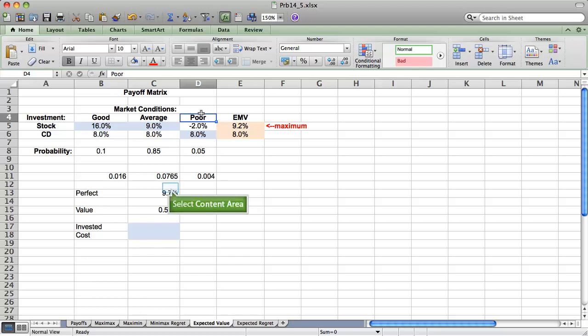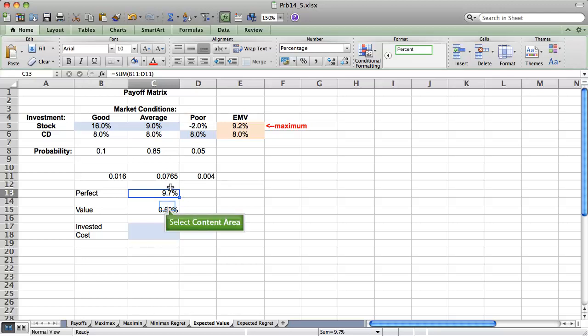So weighting those three ideal outcomes tells us that in a perfect world, we would be expecting about 9.7% return. And we computed that as a simple weighted average of what we could get in a perfect world.